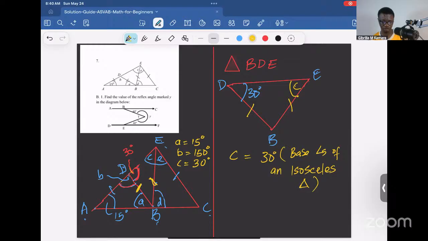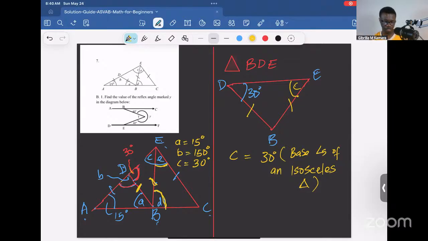Once I'm done, so what is the answer? How do we get D and E? If you want to try that, you can, okay? So we need to calculate right now this angle and this angle.